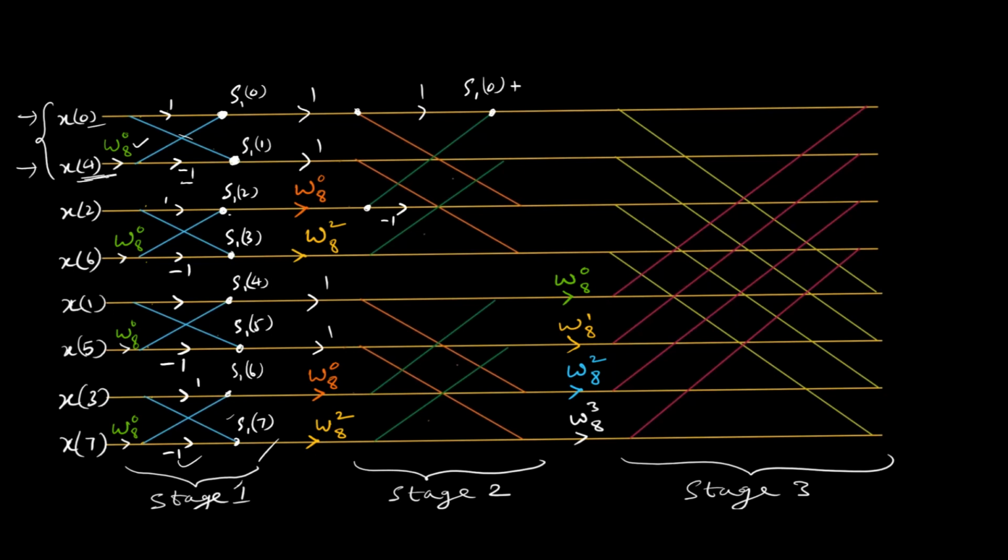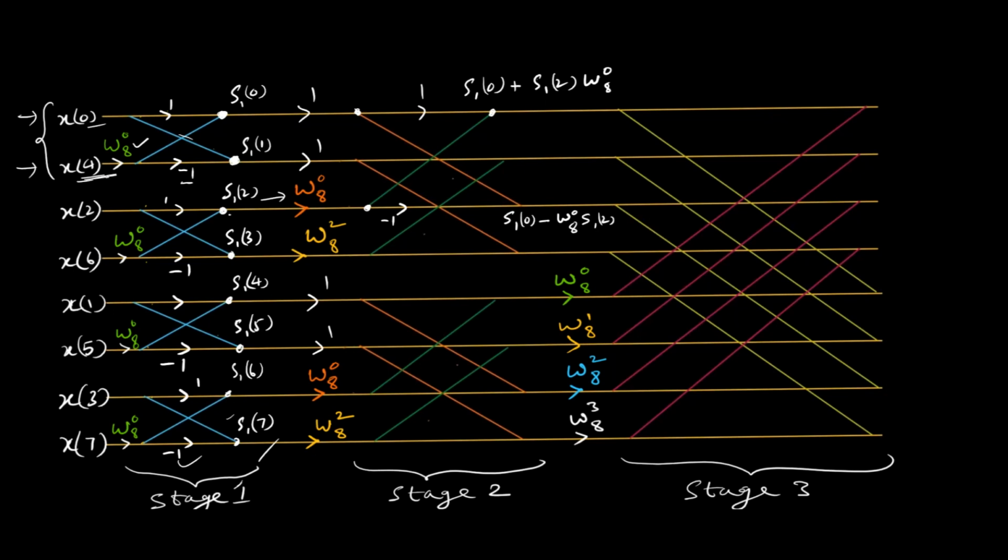So S1 naught plus S1 2 omega 8 to the power 0. Likewise this side we'll write S1 0 minus, because this S1 2 will get multiplied with omega 8 to the power 0 multiply with -1. So minus omega 8 to the power 0 S1 2.